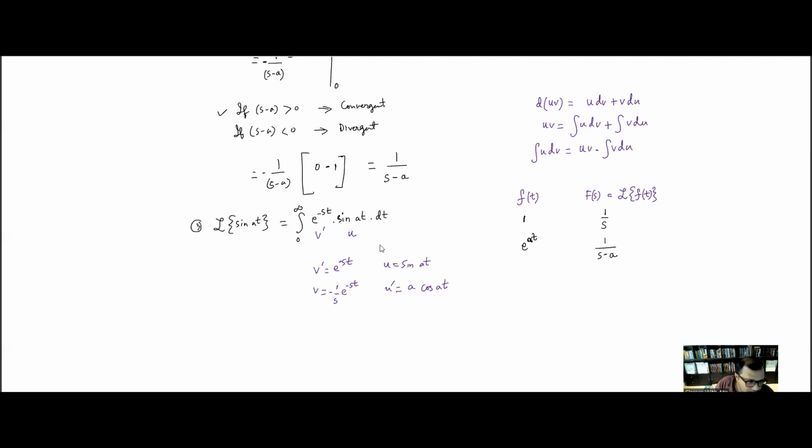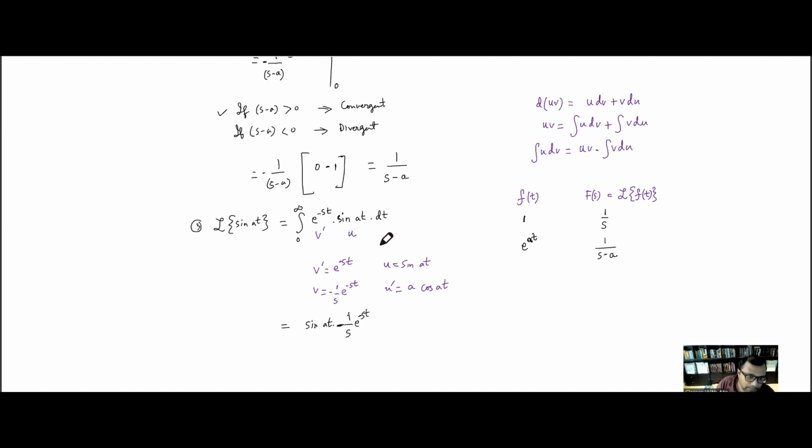So let's then use this particular formula. This is u v prime, so this will be uv. So the integral of sine at e to the power minus st is u times v, minus 1 by s e to the power minus st, limit 0 to infinity. Let's make sure this minus is properly there.